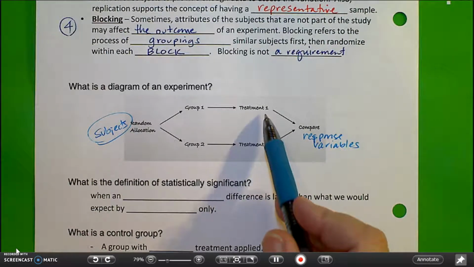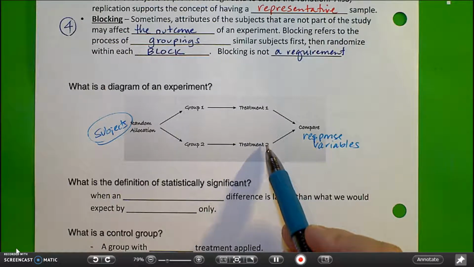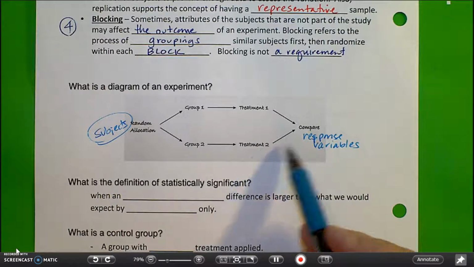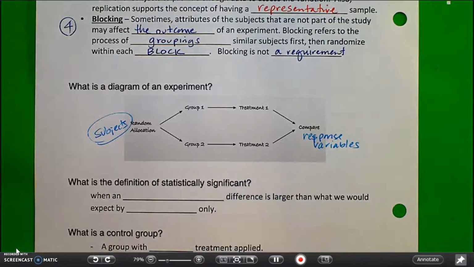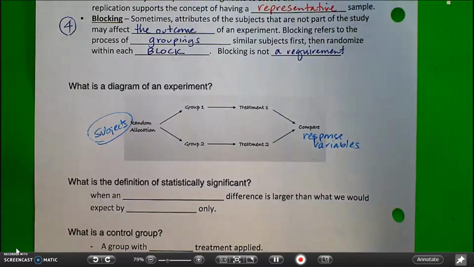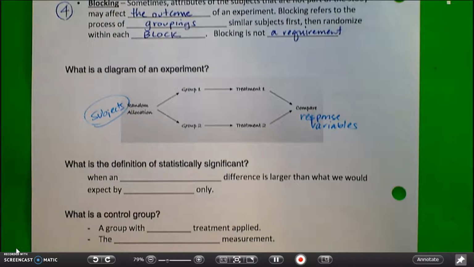The idea is to compare the different effects of these 2 treatment levels. So that's a simple design. We'll modify or expand from that simple setup.